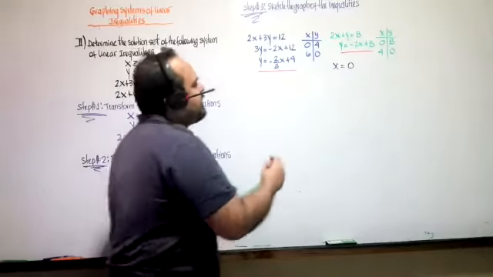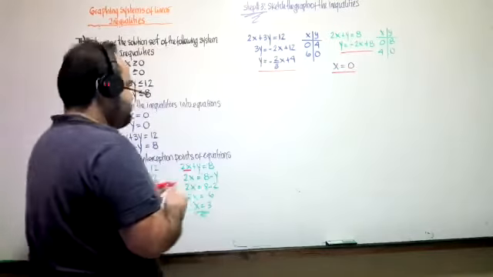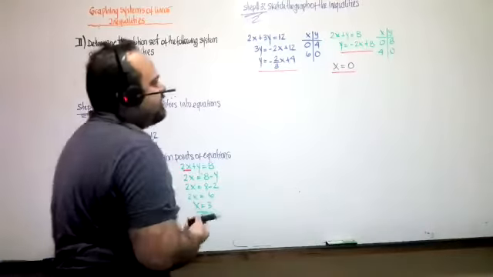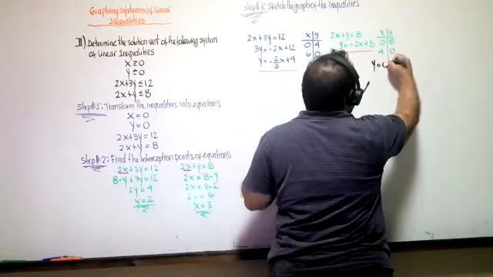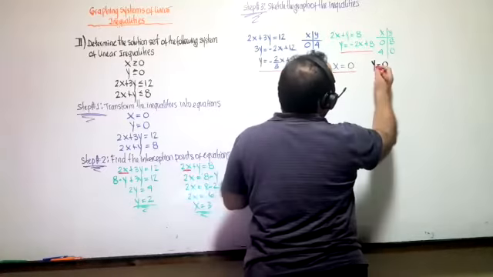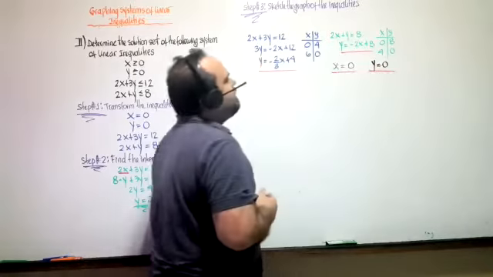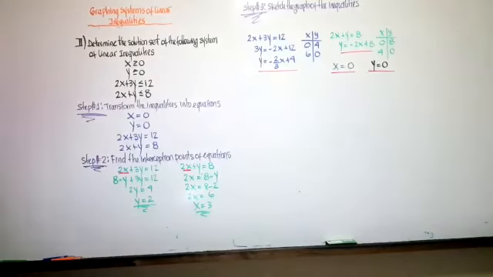And what color can we use in this situation? Y, I'm going to use the black one. Y equals 0. Remember, we have 4 equations to sketch the graph: the blue one, green one, purple, and the black one.